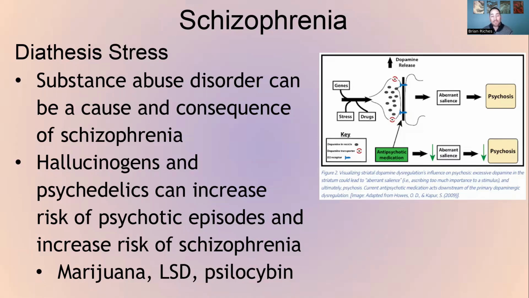Hallucinogens and psychedelics are actually a risk factor for schizophrenia. Again, diathesis stress model: you've got that genetic propensity for schizophrenia, then you use a psychedelic or hallucinogen, including even marijuana, LSD, psilocybin, and it can risk a psychotic episode and increase the risk of developing schizophrenia.